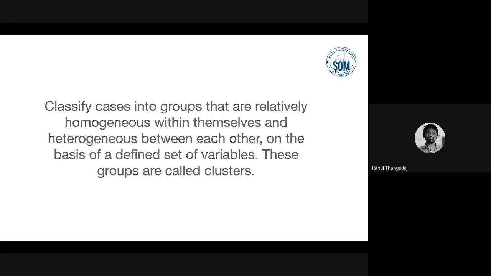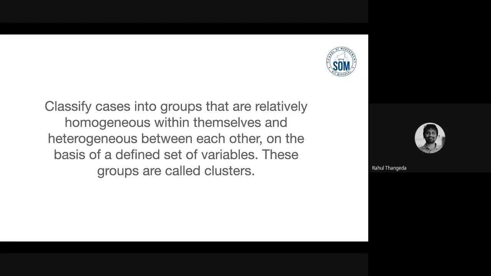So what I'm trying to say is each group will have similar people, and if you compare groups, then 2 different groups will have dissimilarities. That is heterogeneous. So homogeneity between the people in the group, heterogeneity across the groups. You have to remember it like that.